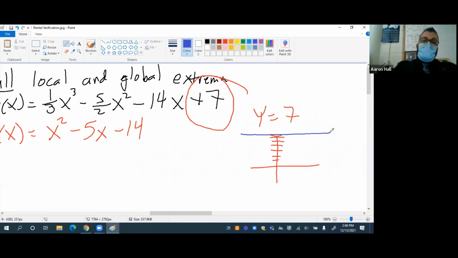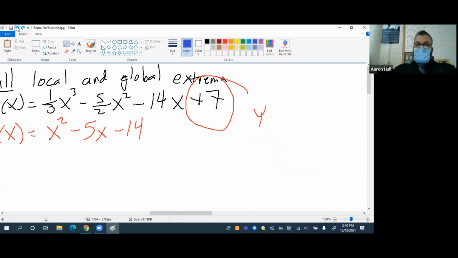Yeah, it's just 0. So I could write +0, but that's redundant. There is a slope for 7 and it's 0, so I'm just gonna forget about it.